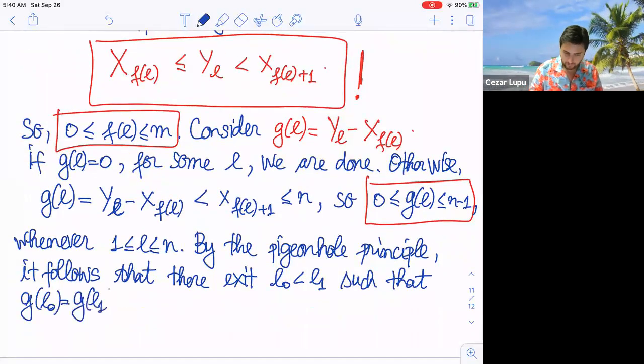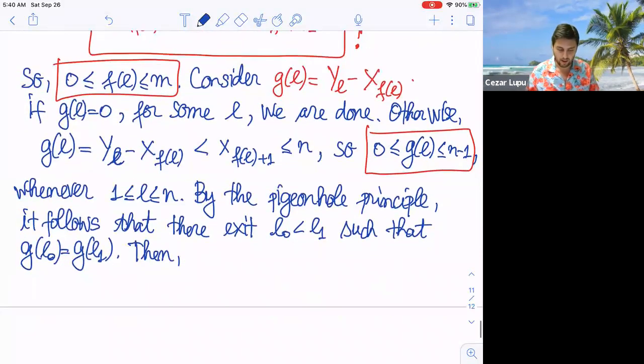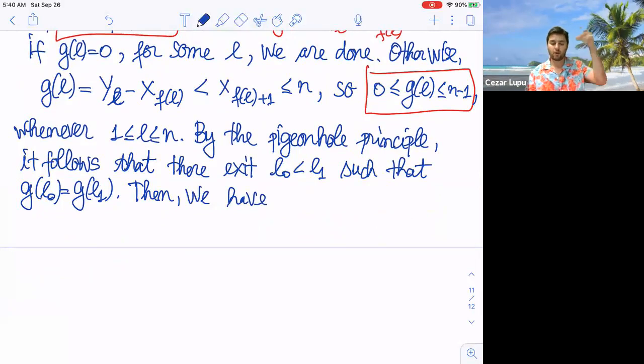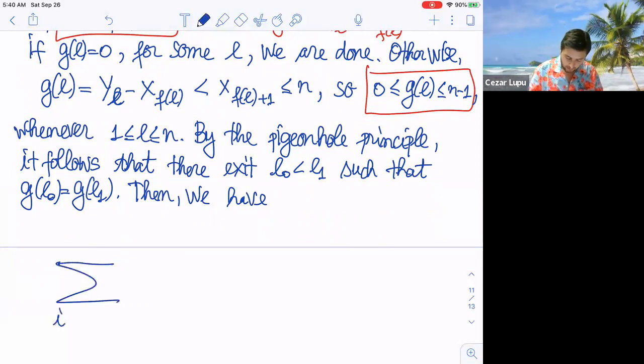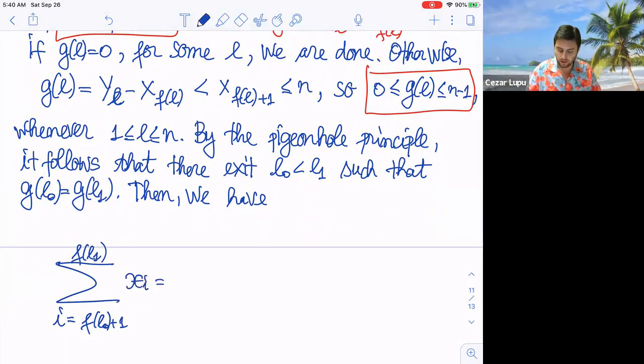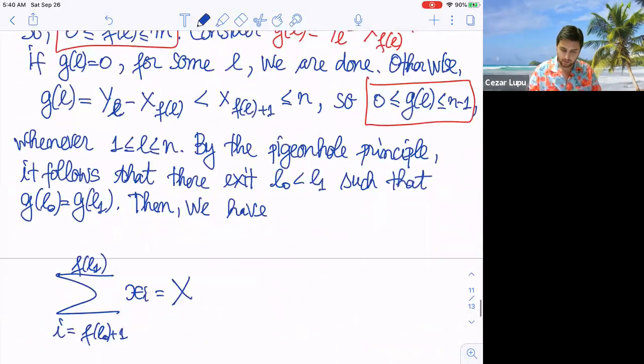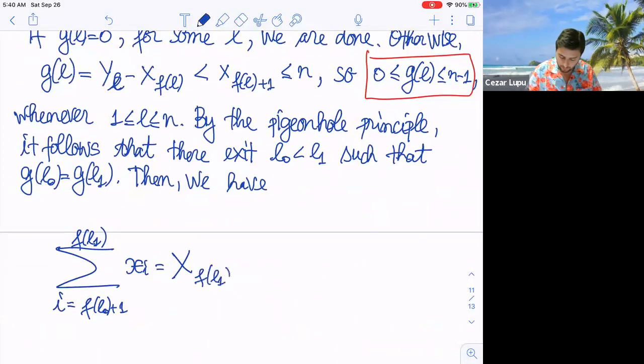Well, but that at this point is obvious when I add them, but then we have the sum, okay, I'm going to write it here. When we sum up from f of L0 plus 1 to f of L1, the sum of xi, based on how we denoted this above, will be x of f of L1 minus x of f of L0.